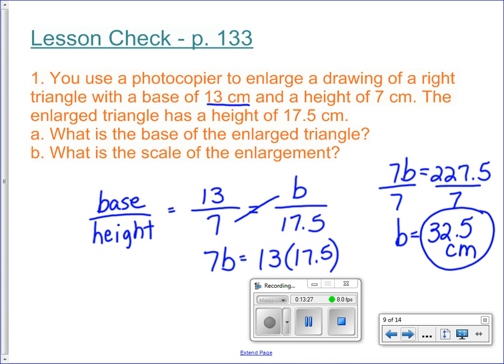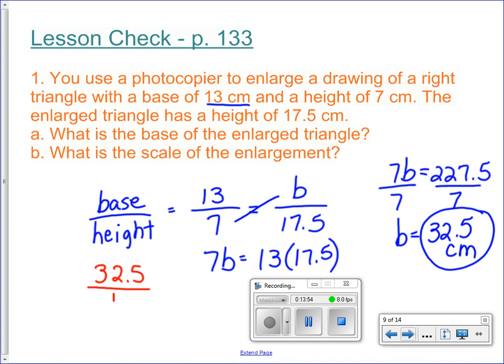Now, the question is, what is the scale of the enlargement? All right. We can take either the bases of 13 and 32.5, or the heights of 17 and 17.5, and it really doesn't matter. I'll use the bases. And our enlargement is 32.5.